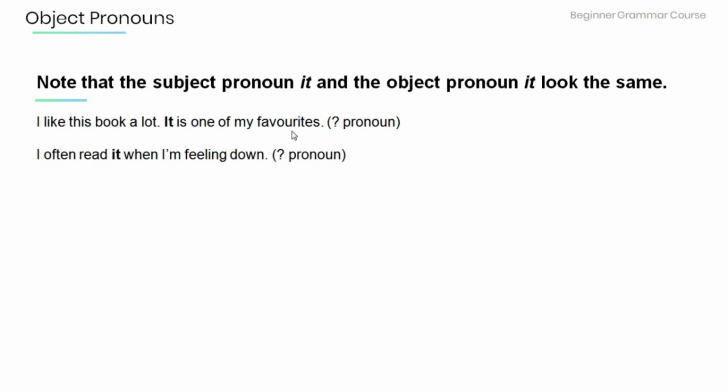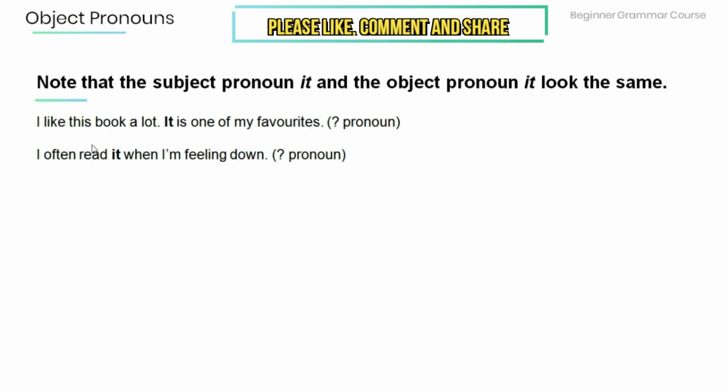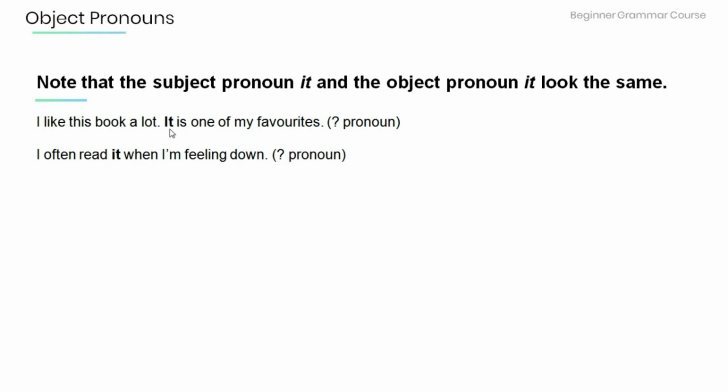It is one of my favorites. I often read it when I'm feeling down. In the first sentence, the pronoun it is a subject pronoun. And in the second sentence, the pronoun it is an object pronoun.